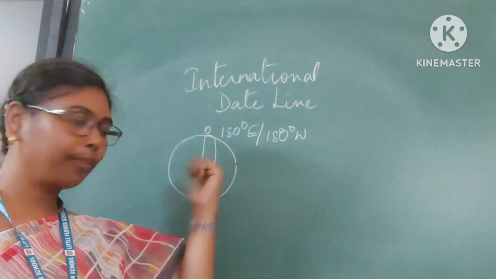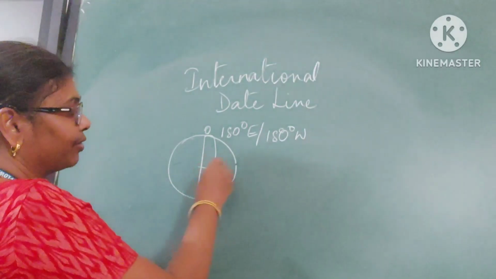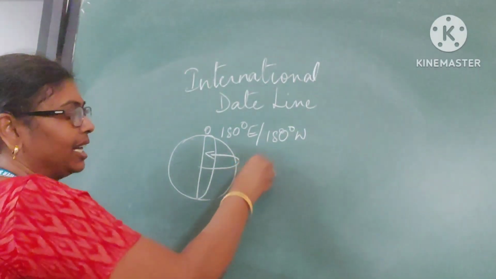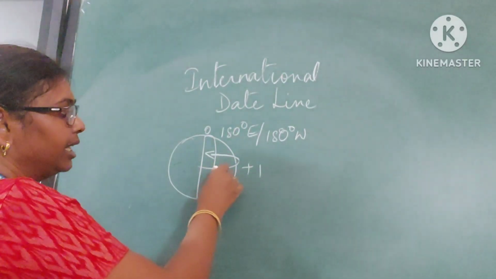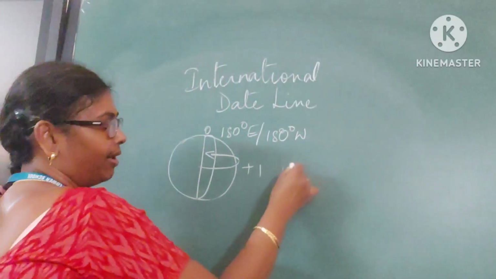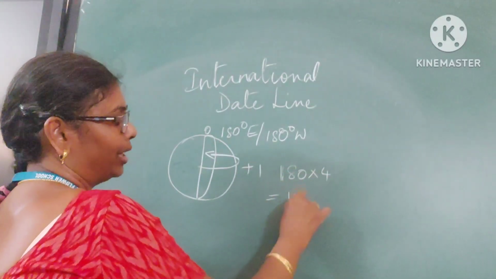Why people have opted for this: suppose a person is traveling from the east towards this international dateline, he will be gaining one day, isn't it? He will be gaining one day because he is traveling in this direction, and 180 into 4 minutes will give you 12 hours.